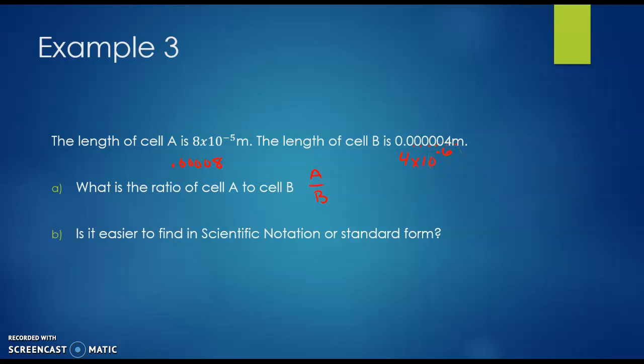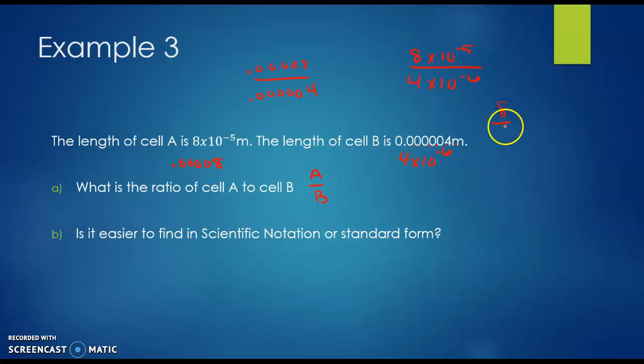All right, so our options are we can write 0.00008 over 0.000004 and do that division, or we can do 8 times 10 to the negative fifth over 4 times 10 to the negative sixth. And if it was my opinion here, I would feel the need for a calculator to solve.